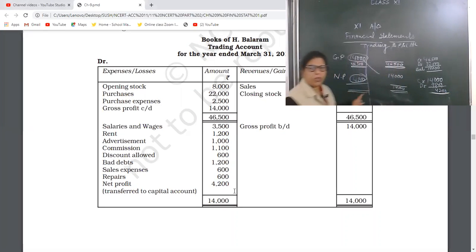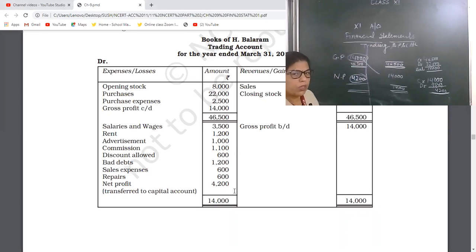So 4,200 is the balancing figure. So 4,200 will be our net profit. Now I am sure you are able to do how to calculate GP.